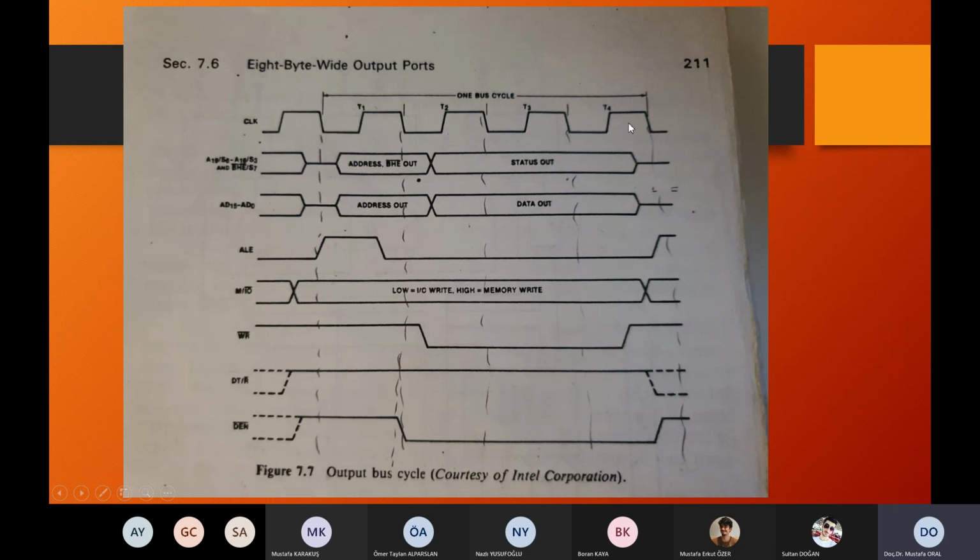And I said that one bus cycle doesn't necessarily have to be 4 cycles for output operations. Maybe the outer device, the RAM, could be a slow one, slower than the microprocessor itself.